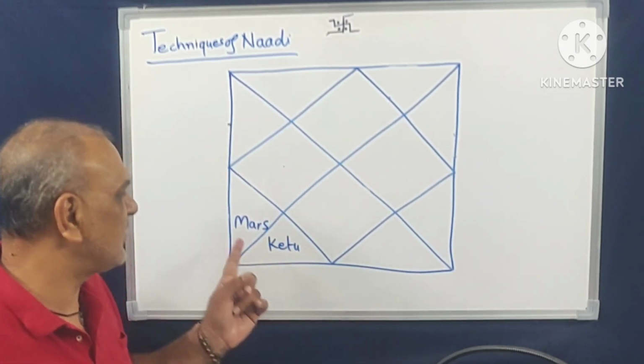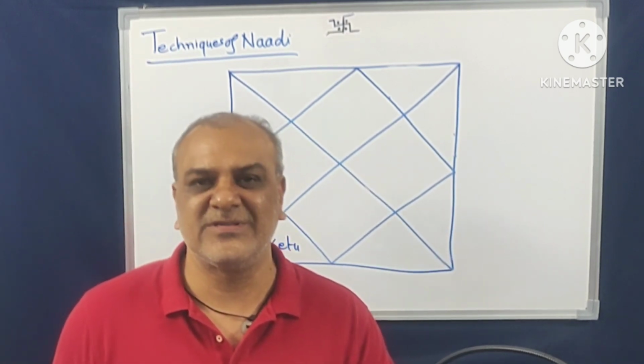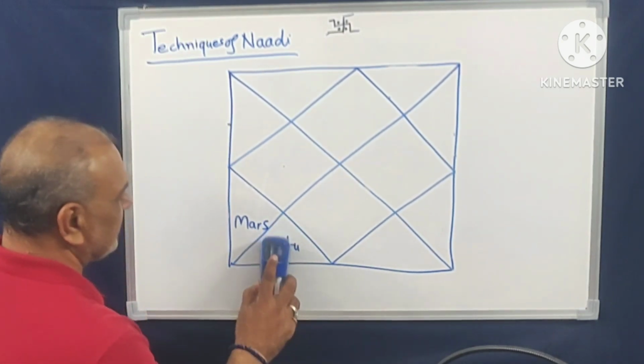Any person who has Ketu in the second house from Mars will love to recite mantras. This is a very snapshot prediction.